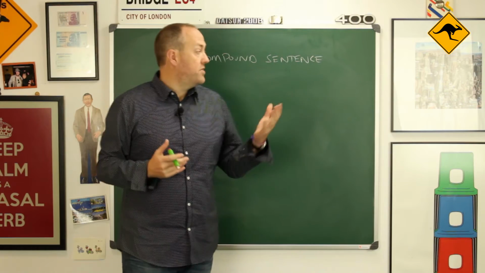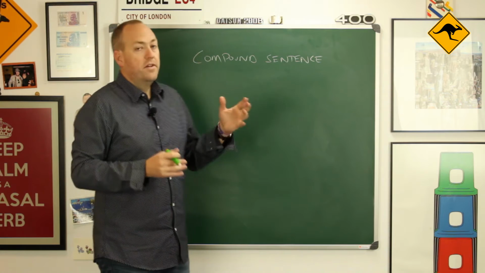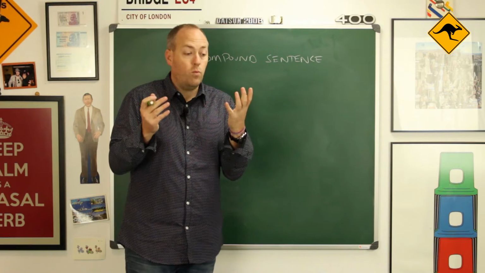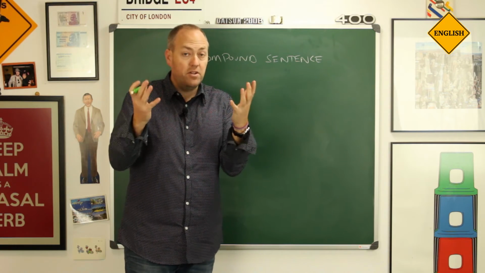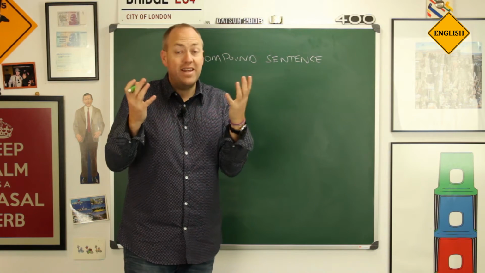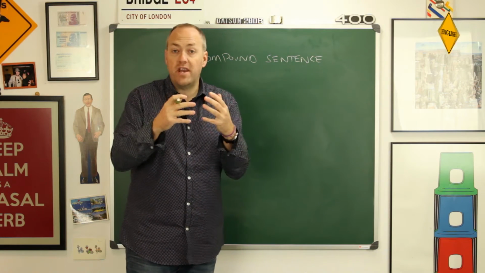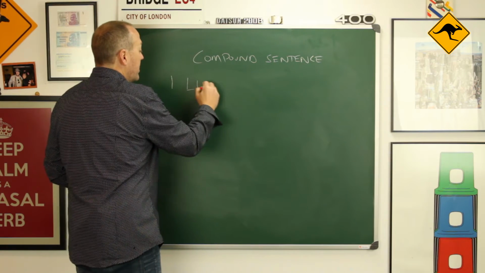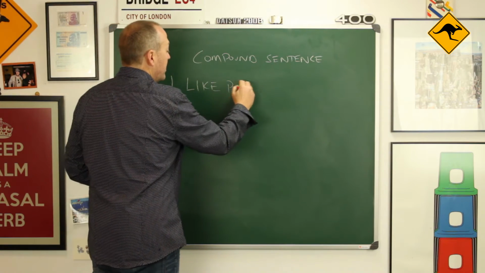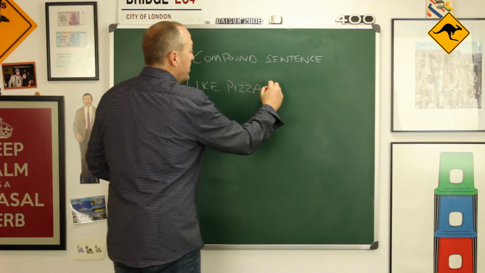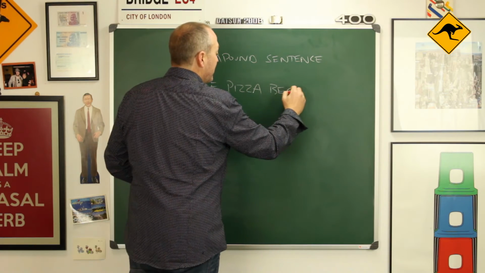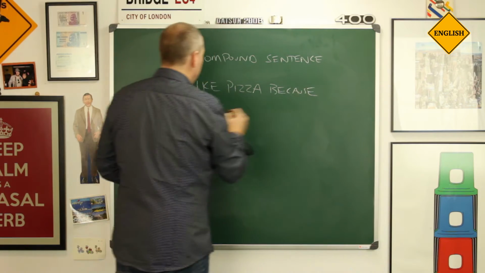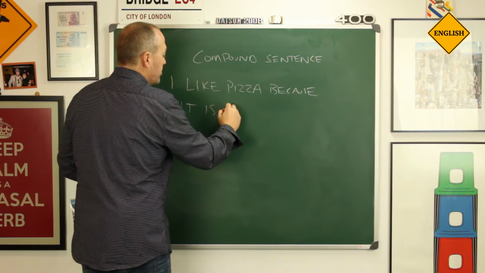The next type is the compound sentence. The compound sentence is where we have 2 independent clauses that can exist on their own, joined together with a conjunction. For example, I like pizza because it is delicious.